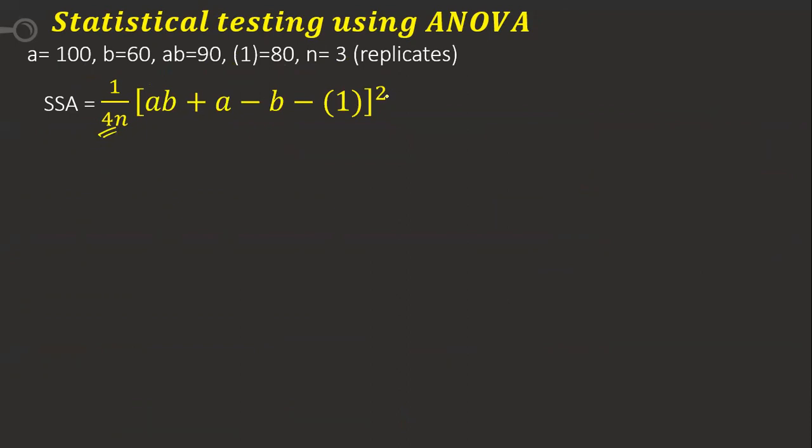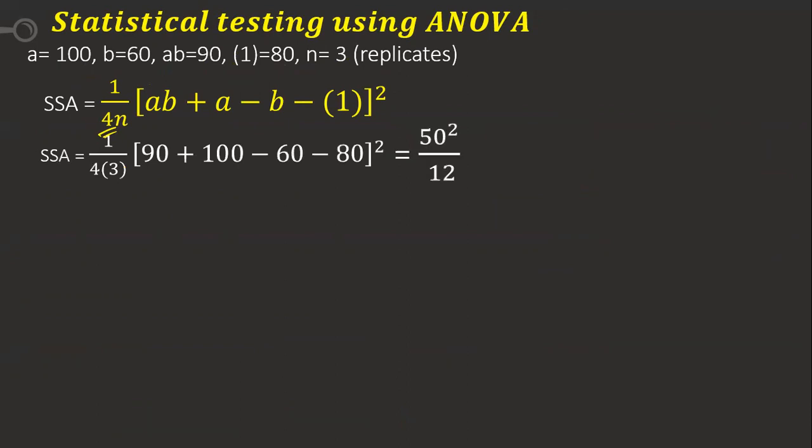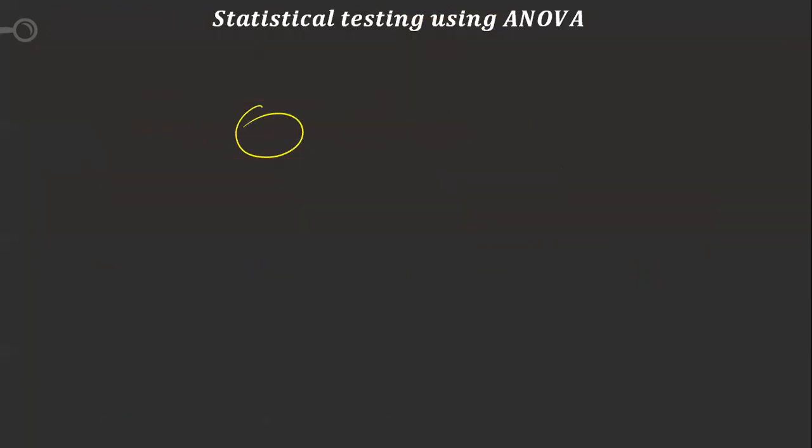We have to use this formula with a square. So after calculating, substitute the value of AB, A, B, and 1, square it, divide by 12, because n is equal to 3 for me. So 4 into 3 is 12, 50 square by 12, which gives me 208.33. This 208.33 only I'm going to substitute in this particular place.